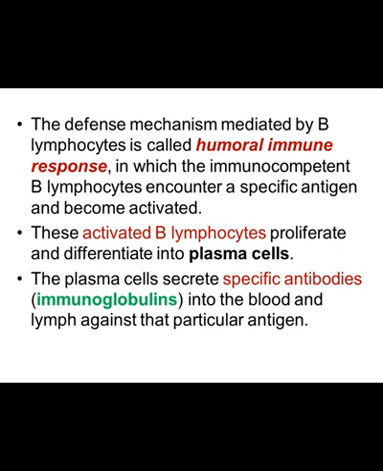The defense mechanism mediated by B lymphocytes is called humoral immune response, in which the immunocompetent B lymphocytes encounter a specific antigen and become activated. When B lymphocytes are activated, they proliferate and differentiate into plasma cells. Now these plasma cells secrete specific antibodies that are called immunoglobulins into the blood and lymph against that particular antigen.